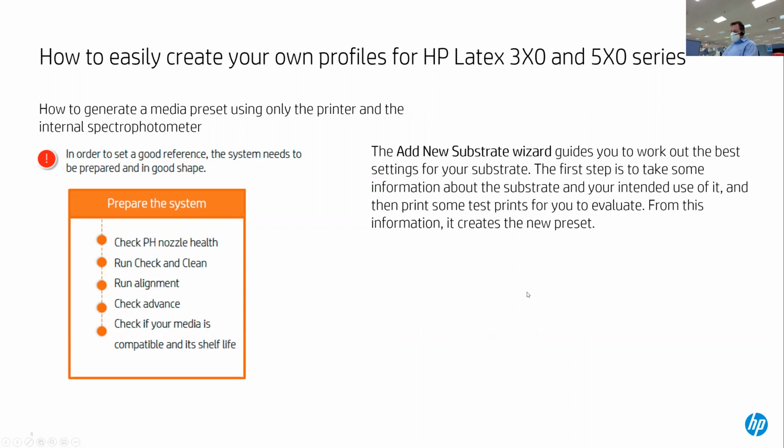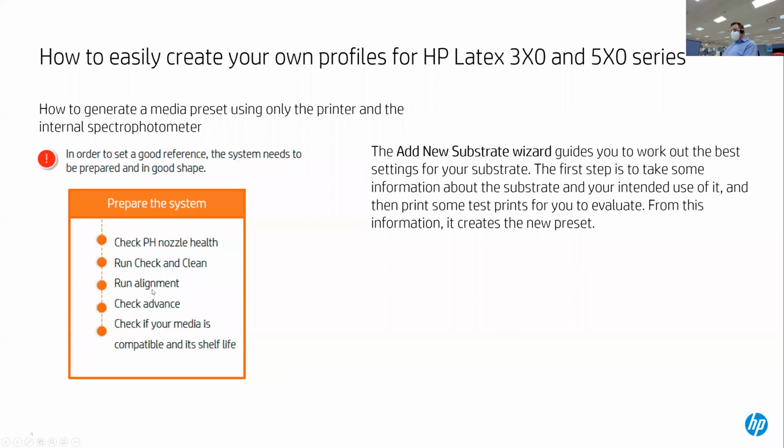But before you start making a profile, it is very important that we have a good machine in our hands. Making a profile with bad conditions of the machine is going to give you a bad profile, hence bad results. So make sure that you do prepare your system correctly. Make sure that your nozzles are okay. Run the check and clean to make sure that you clean everything you have.